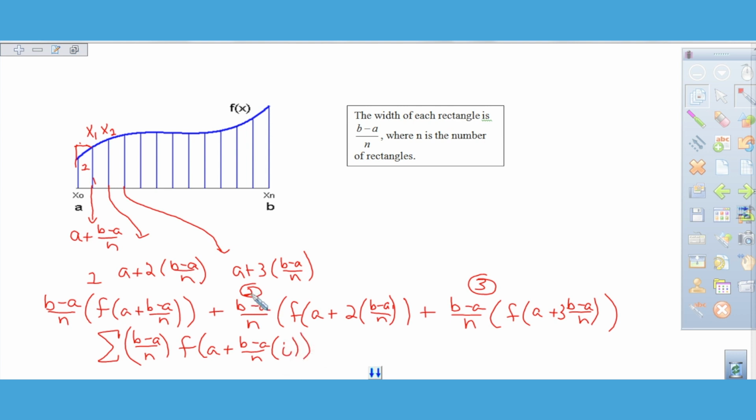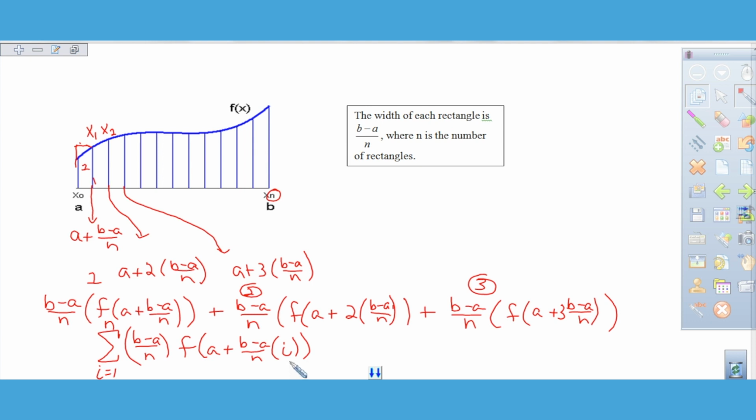Because every rectangle, see, that second rectangle needed 2 distances away from a. The third rectangle needed 3 distances away from a, right? Those common differences. So what I'm going to do is say i equals 1 to n. And by me putting the counter on the sigma, that means put 1 in there, plus put 2 in there, plus put 3 in there, plus put 4 in there, all the way till we get to n. And so that will add up all the areas of all the rectangles.